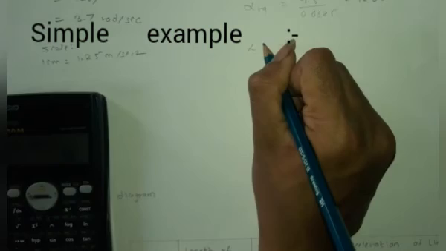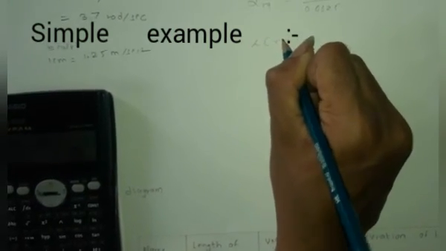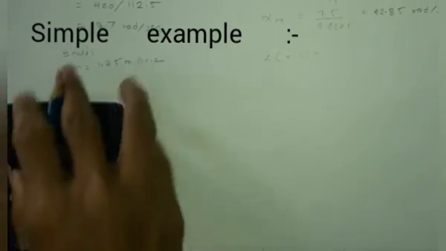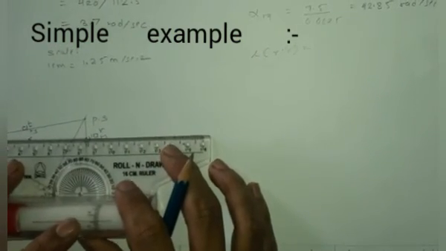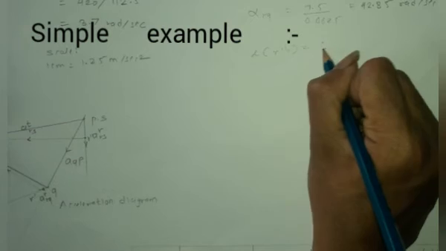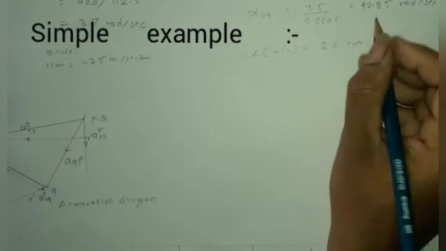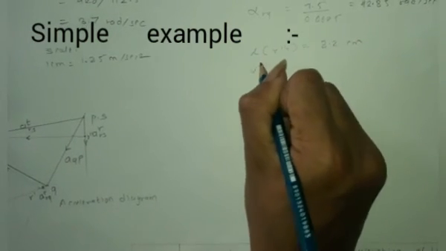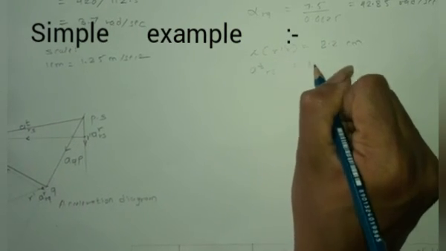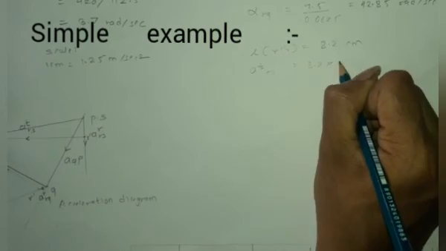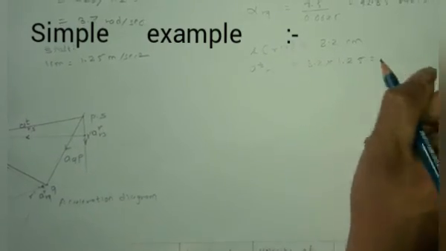Now let's find length of R double dash R, which will be 8.2 cm. So tangential acceleration for RS is 8.2 into scale, that is 1.25.